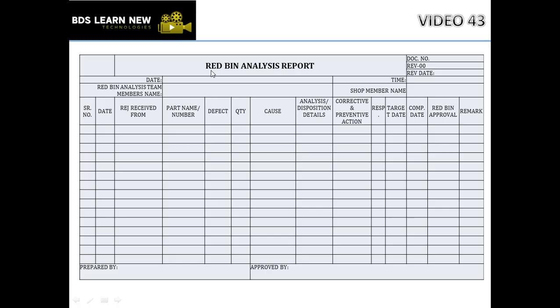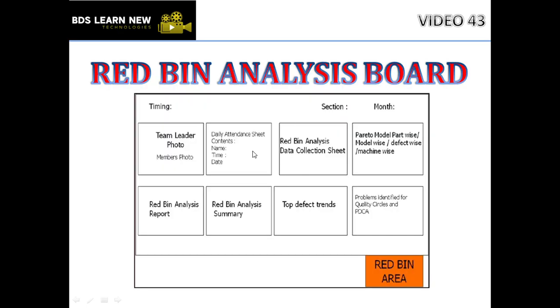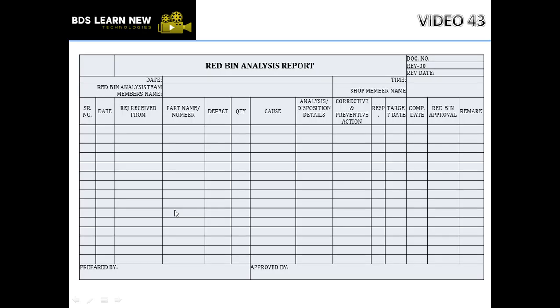Then this is the format for the red bin analysis report. This is for the board and this is for the report, which we are going to put over here. This report we have to put over here, right? So what would it consist of?